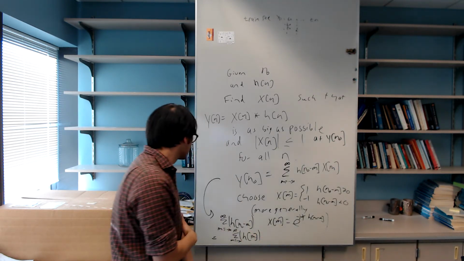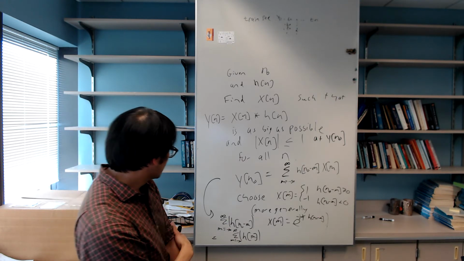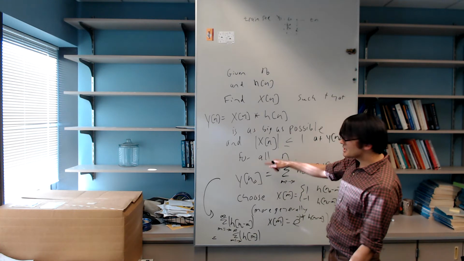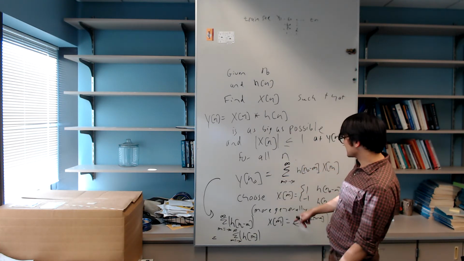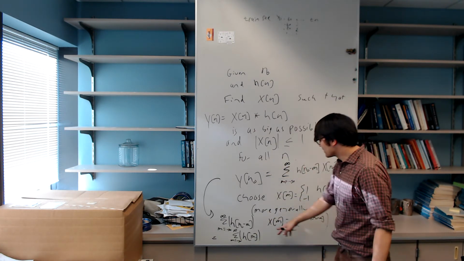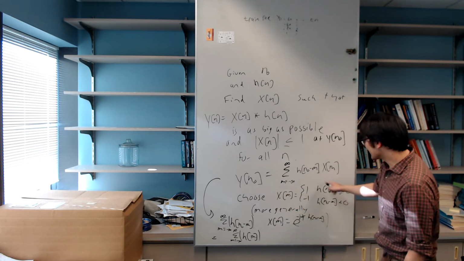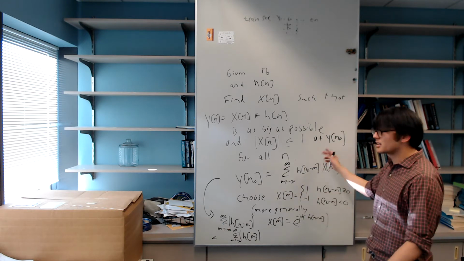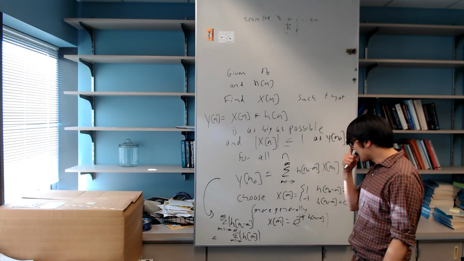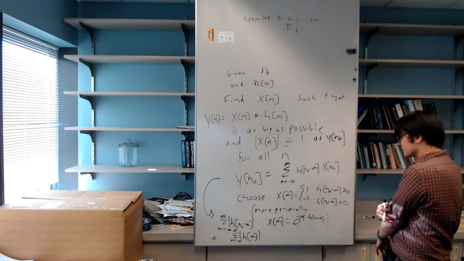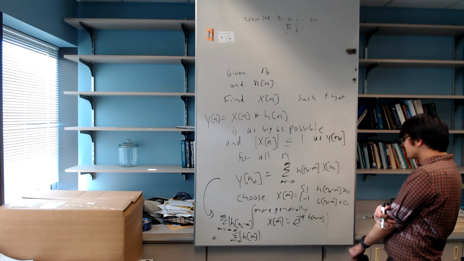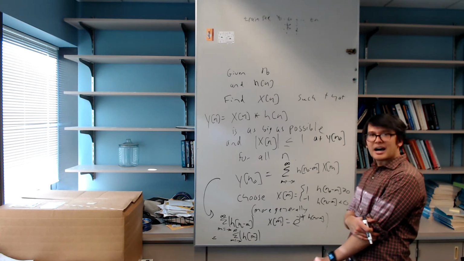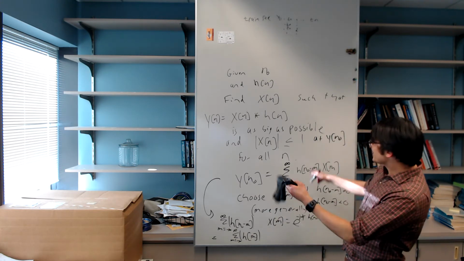So if this is bounded, then for all of the inputs we can possibly get, we're going to have a bounded output. But if this thing is not bounded, then by choosing our inputs this way, we make the output go to infinity at a particular n0. So that's basically how this works, and that is essentially the proof.